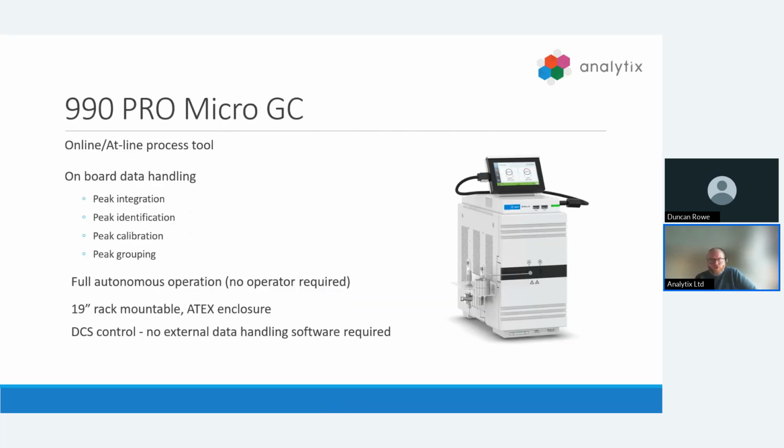So as well as the mobile variant of the Micro GC, we also have the 990 Pro Micro GC, which is a dedicated online and at-line process tool. This variant gives you fast, accurate answers to control your processes. In addition to all the standard features of the 990, the 990 Pro is designed specifically for online process environments with onboard data collection, integration, and results generation.